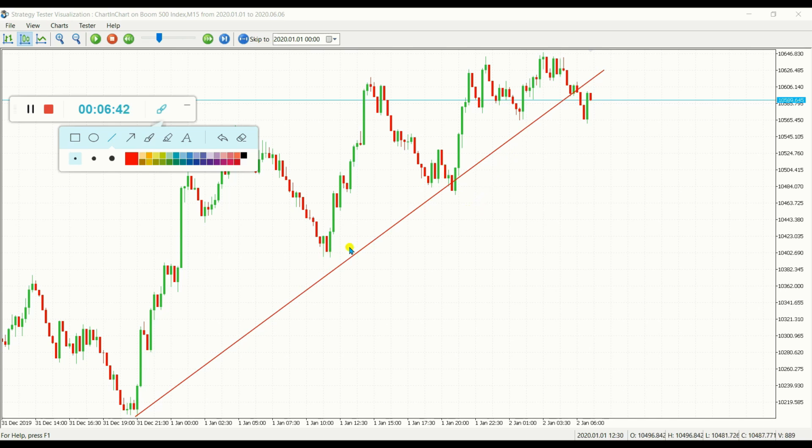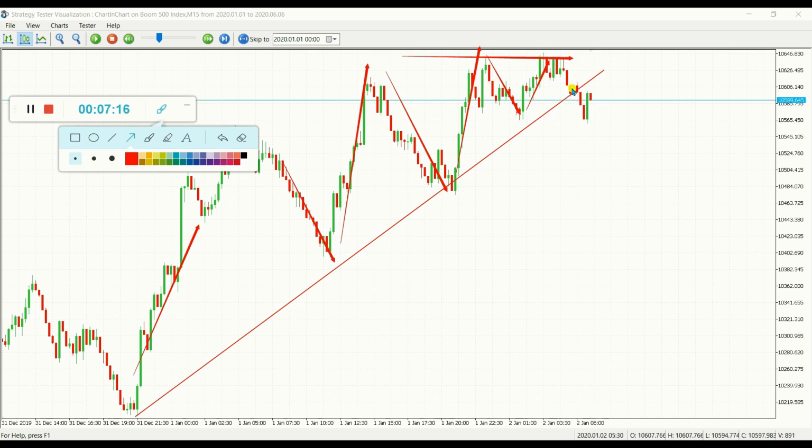So the market is going up, went up like this, pull back, went up, pull back, again it went up and pull back. The market was going up by creating higher highs and higher lows, but right now the market was unable to create another higher high. These highs, they are equal, they are almost equal. What does it mean? At this point the market lost momentum. This is the signal that the trend is going to change.